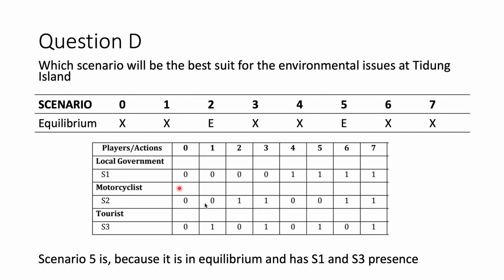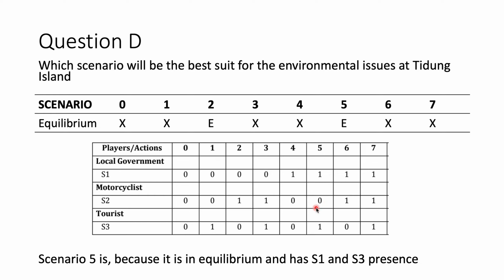So if we look back at the result here, in scenario 2, even though it's equilibrium, the government doesn't use their policy and the tourists don't use their bikes. It's just for the motorcyclists. And scenario 5 is the opposite of scenario 2, where the government does their policy and tourists do use their bikes, and motorcyclists don't get their reduced trip fare.